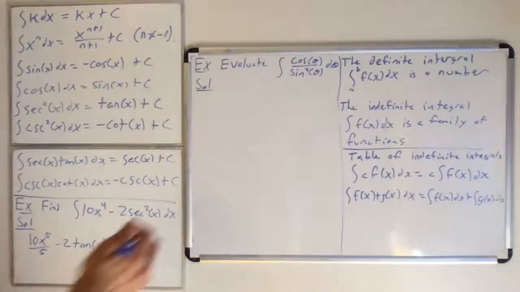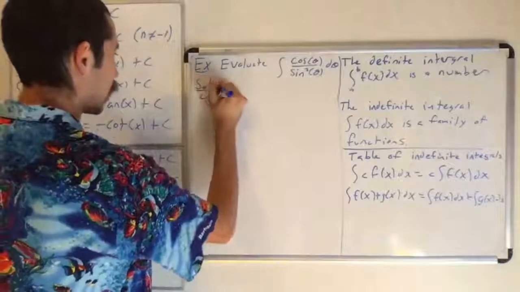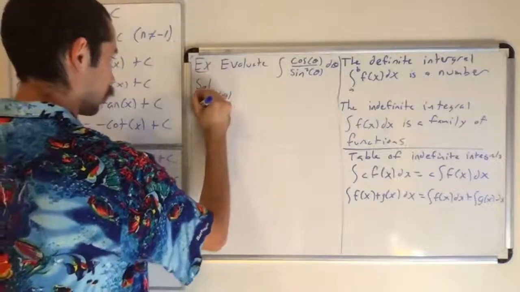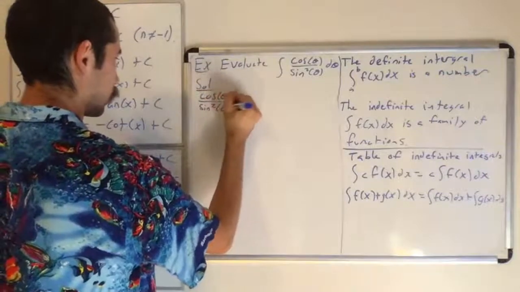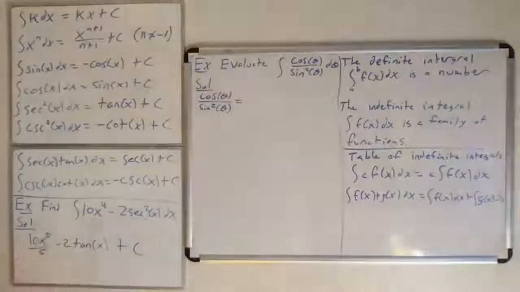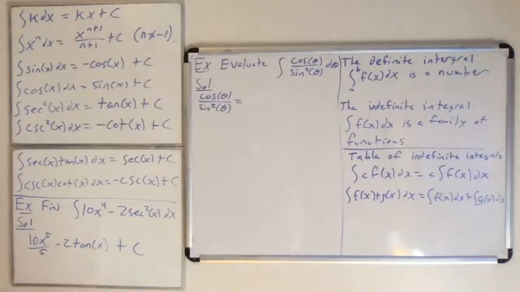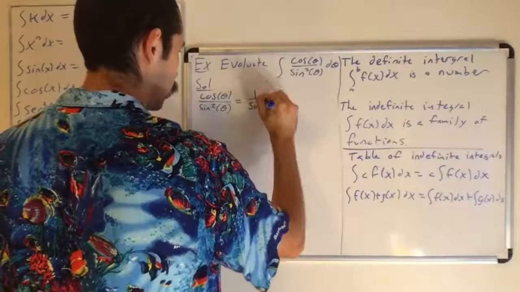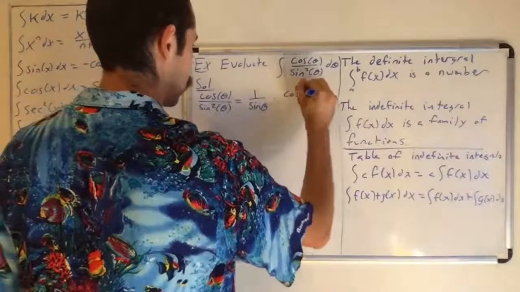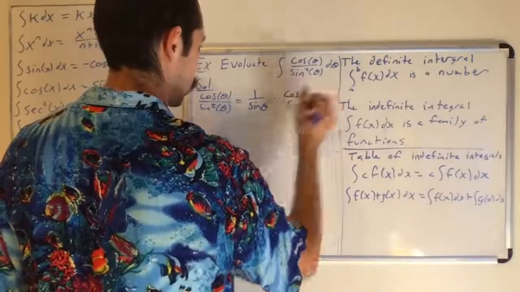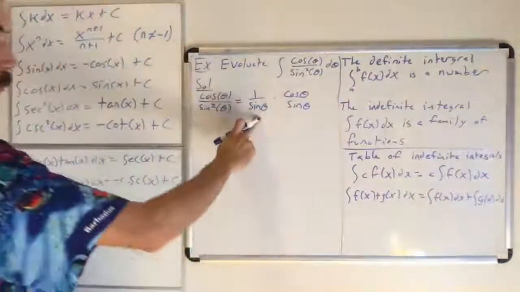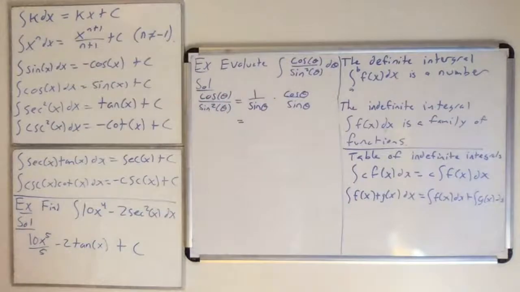Okay, so this next one's definitely tougher. So let's take cosine of theta over sine squared theta. And we could break it apart into 1 over sine theta times cosine of theta over sine of theta. 1 over sine theta is cosecant theta.